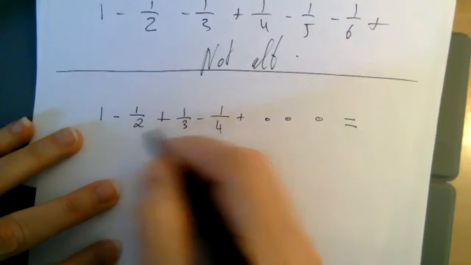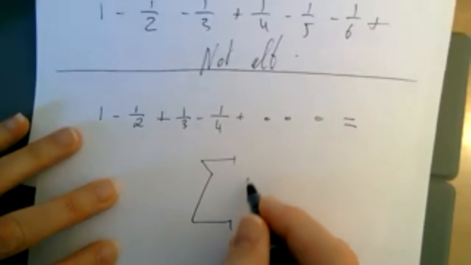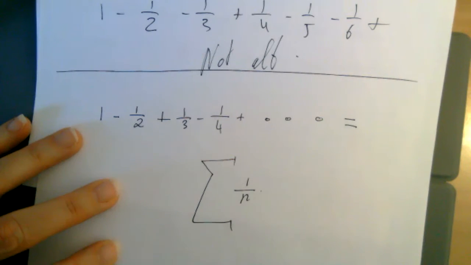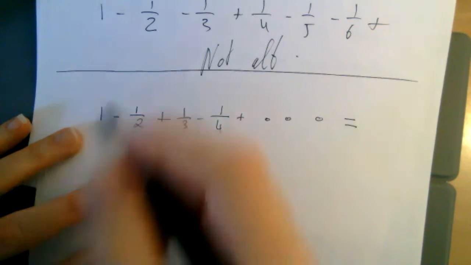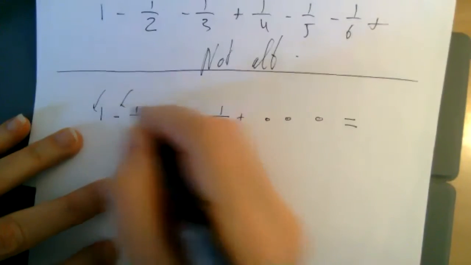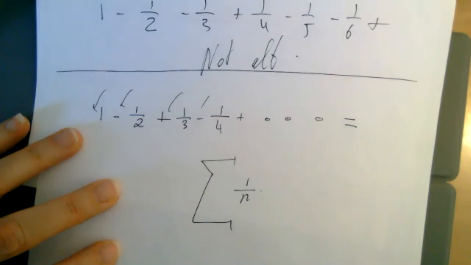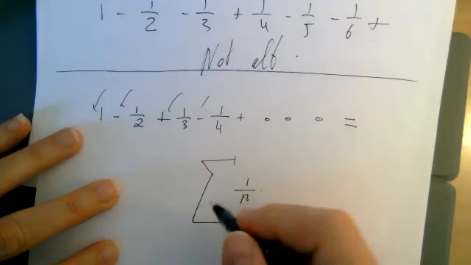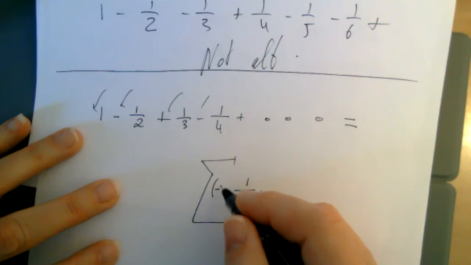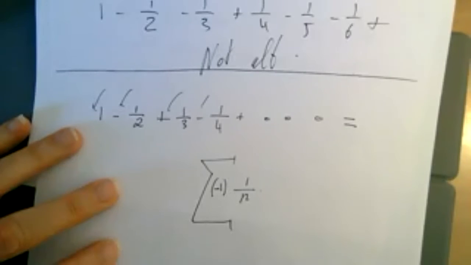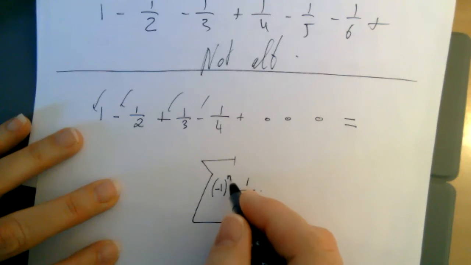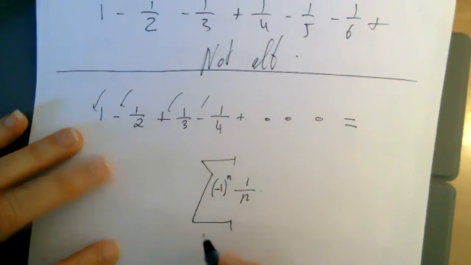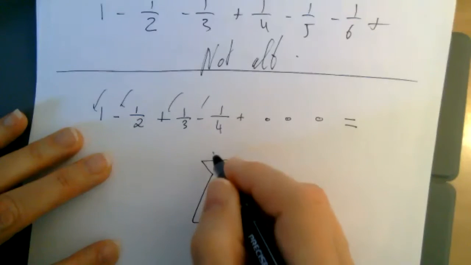Those terms, 1 over 2, 1 over 3, this is 1 over n. There are no problems with that. Now I have those signs, plus minus. Whenever you have plus or minus, we write (-1)^n, and usually n equal 1 to infinity.